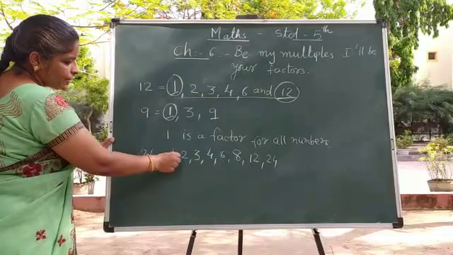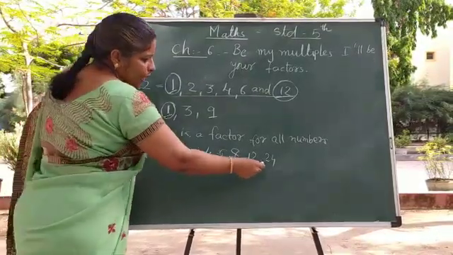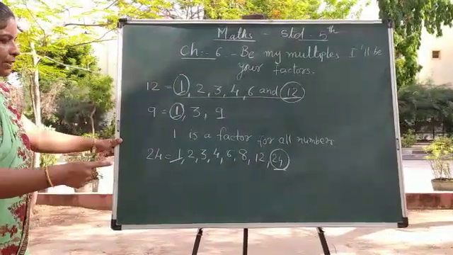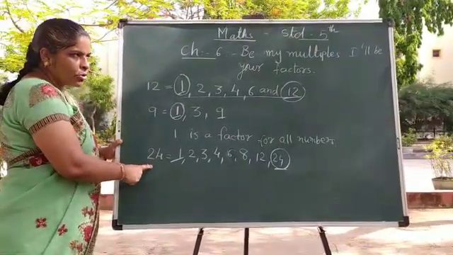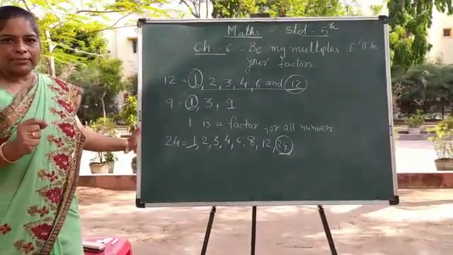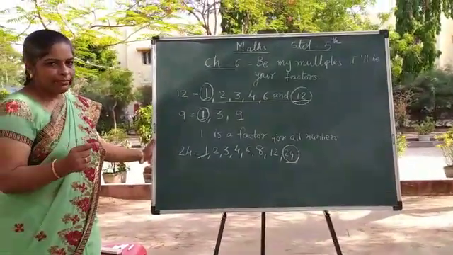Here also you can see 1 is the smallest factor and 24 is the greatest factor. That means the number itself is the greatest factor. So the smallest factor in all numbers is 1 and the greatest factor is the number itself.